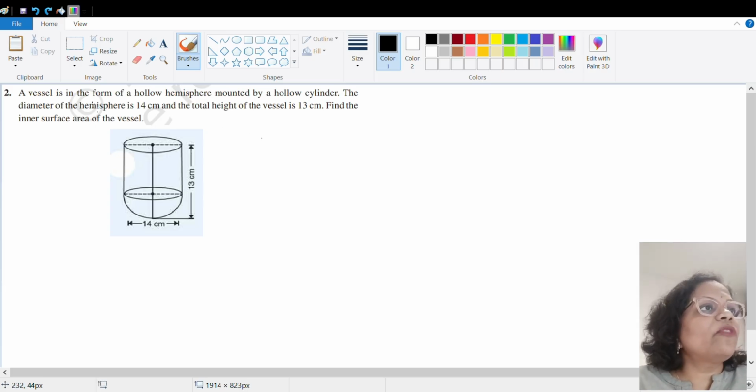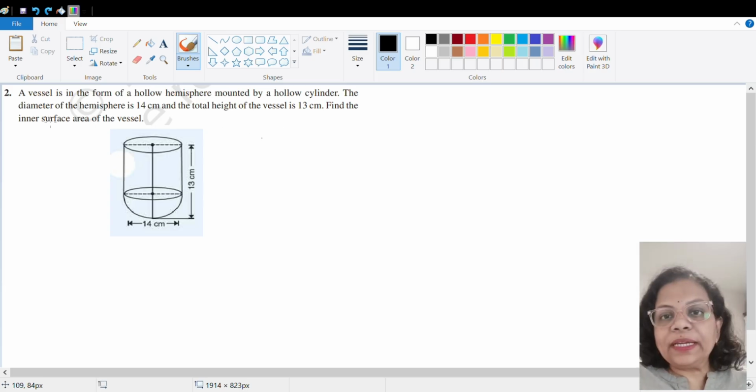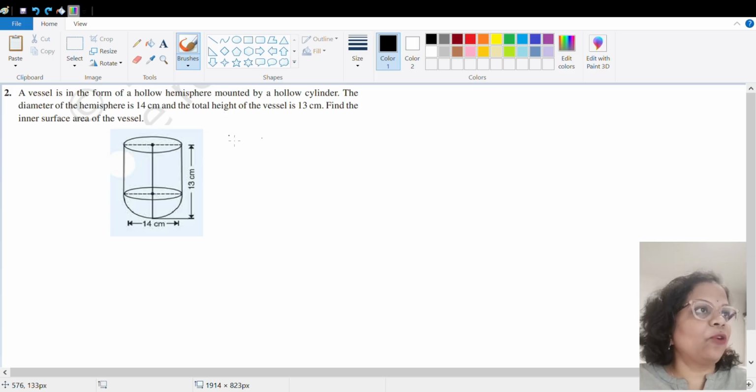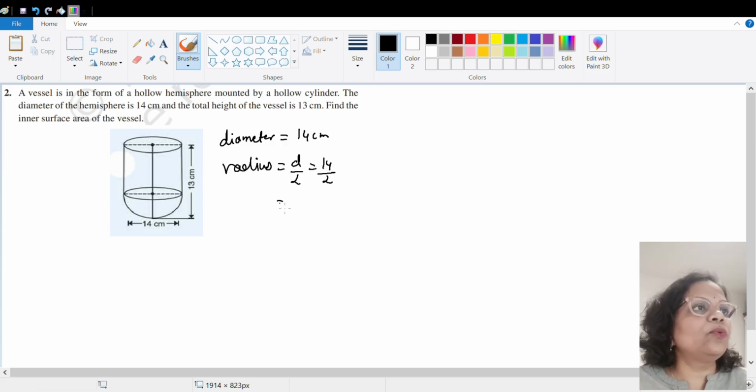Now first thing that is said is diameter of the hemisphere is 14. So if the diameter is 14, that means radius is equal to diameter by 2, that is 14 by 2, that is equal to 7 centimeter. Now what else is given?